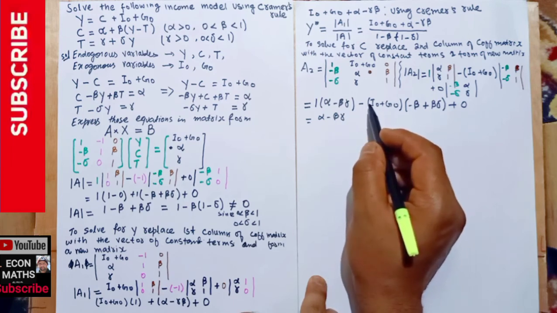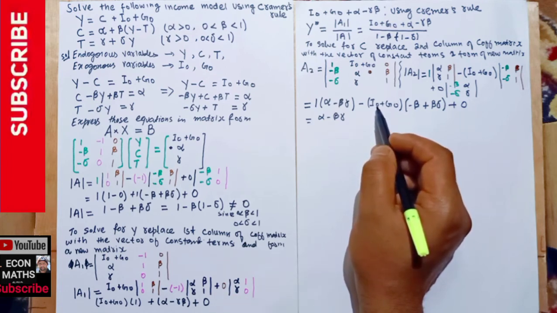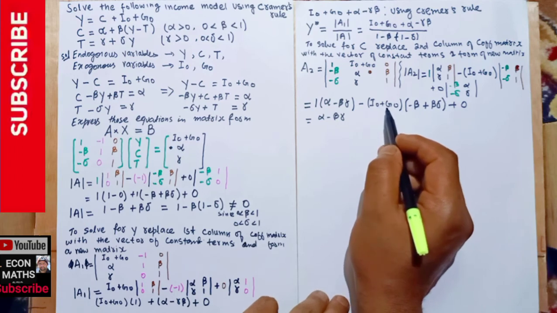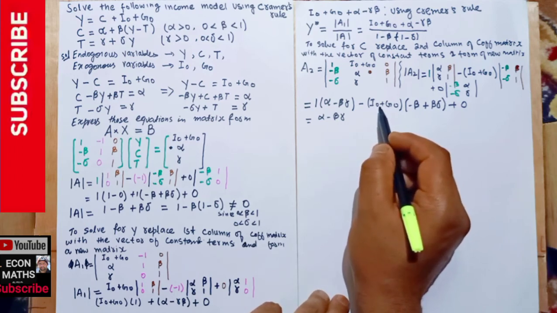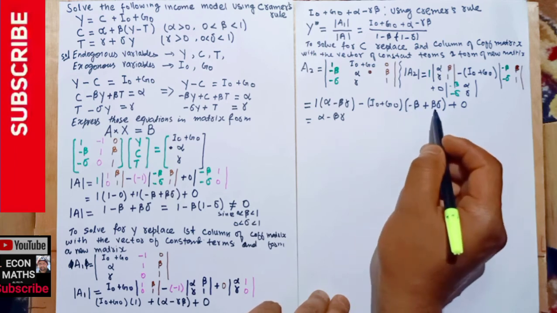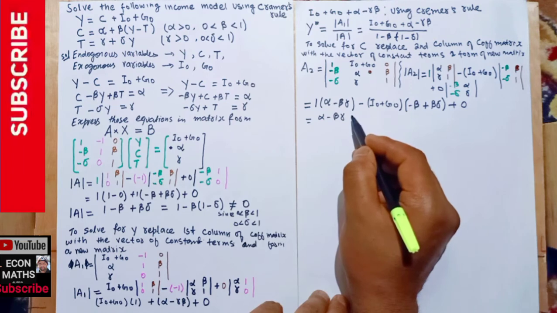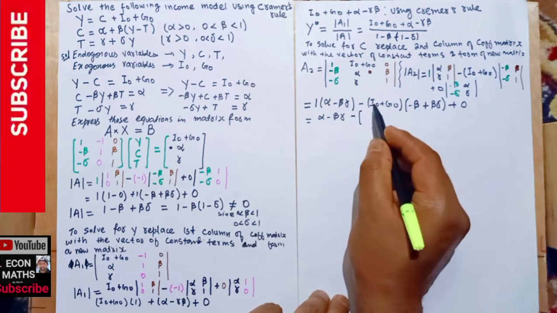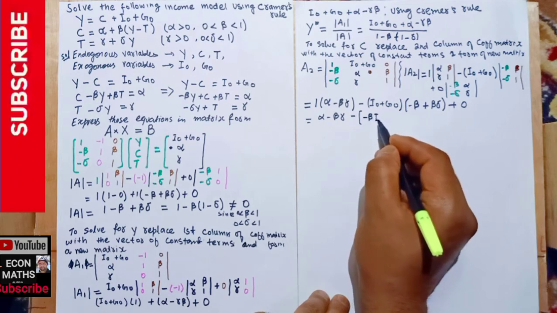Now this will become, here it is I0 plus G0, this is multiplied with this. So first we will multiply this I0 with this whole term, so I will write this minus as it is. Now I0 into minus beta, that is minus beta I0.